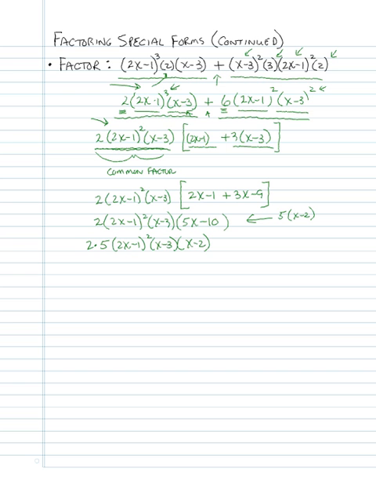And of course, we could write that as a 10, couldn't we? So this is 10 times 2x minus 1 squared times x minus 3 times x minus 2. And of course, that's still kind of complicated, but it certainly looks better than what we had in the unfactored form above.